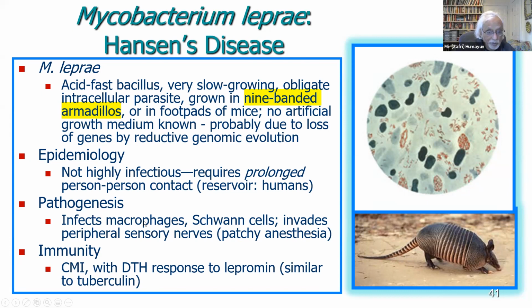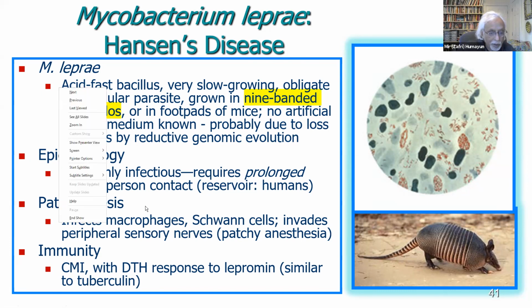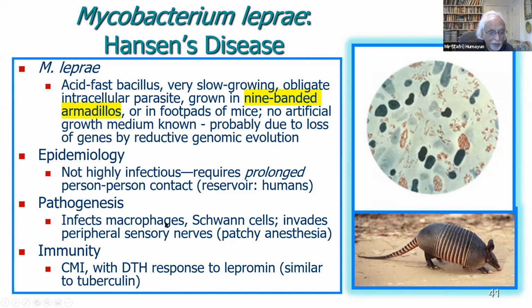Mycobacterium leprae pathogenesis is somewhat similar to TB in that it also infects macrophages, but it also infects certain cells in the nervous system, like Schwann cells, and it can invade peripheral sensory nerves, which is the cause, by the way, of developing localized anesthesia, which in turn leads to insensitivity to pain, and that in turn leads to amputation, things like that, because patients are no longer sensitive to pain.